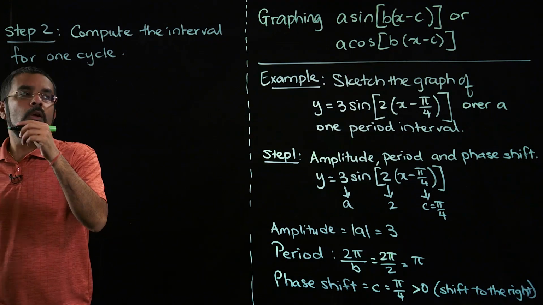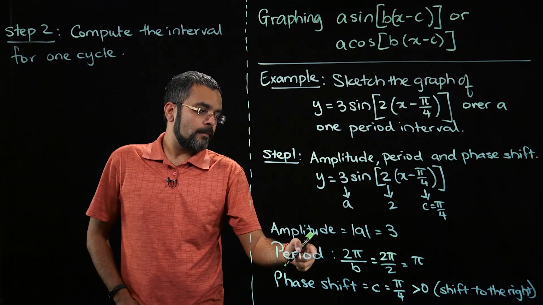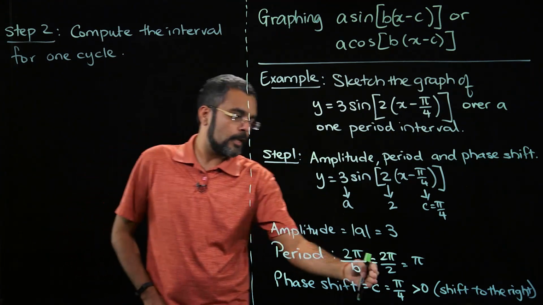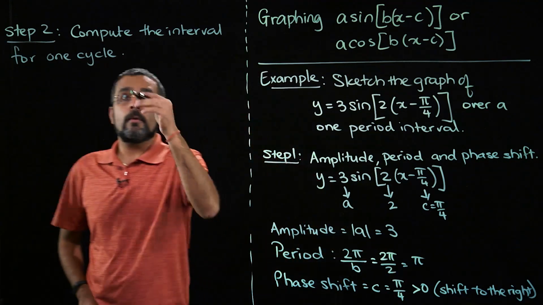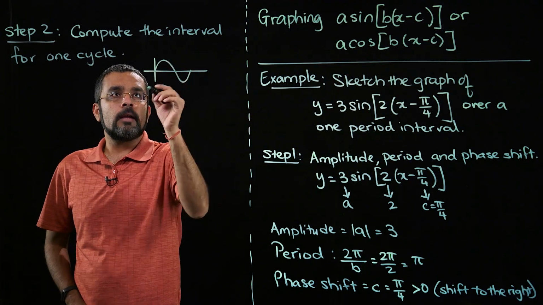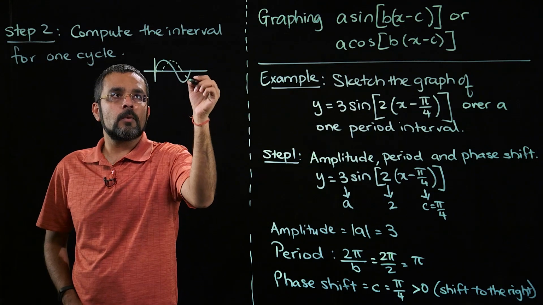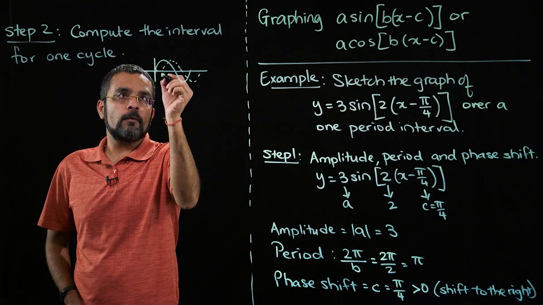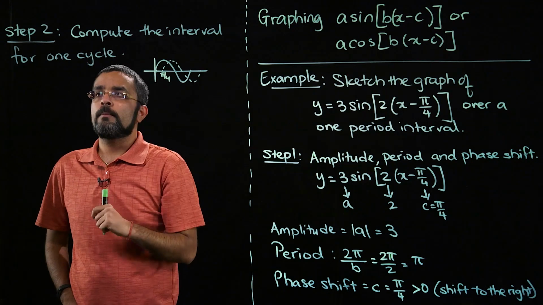How is this given? Think about your sine function. One period is 0 to 2 pi. Now this one has shifted by pi over 4, so my starting point for this one cycle is not 0, it's actually pi over 4.